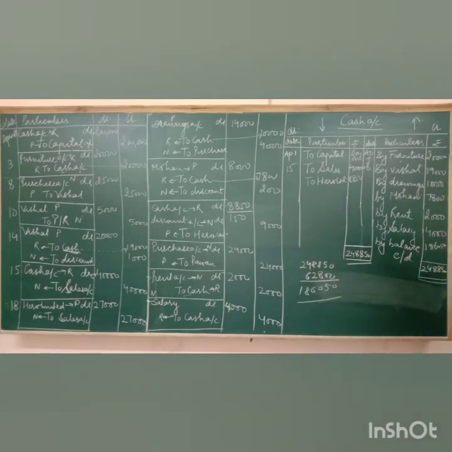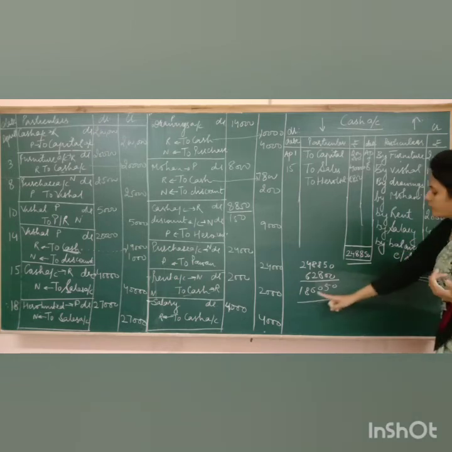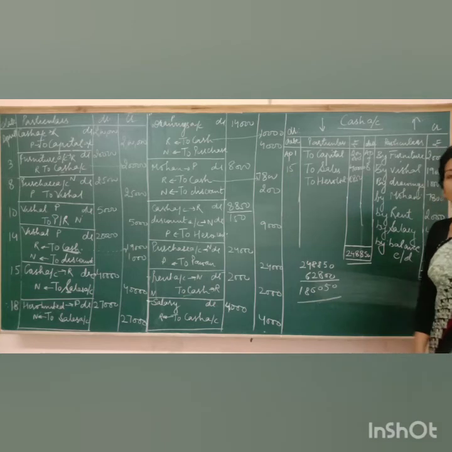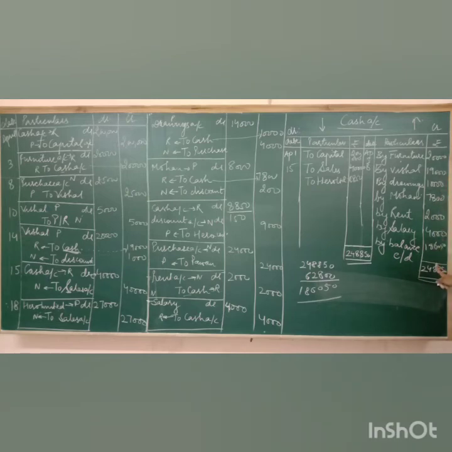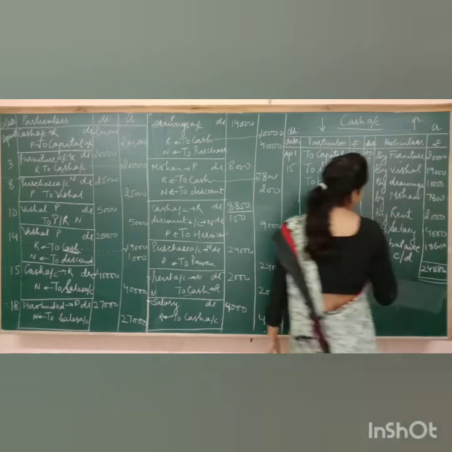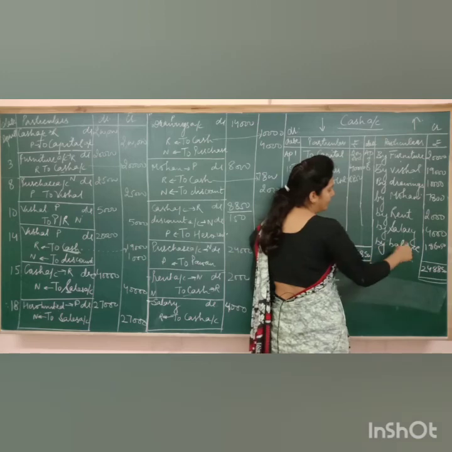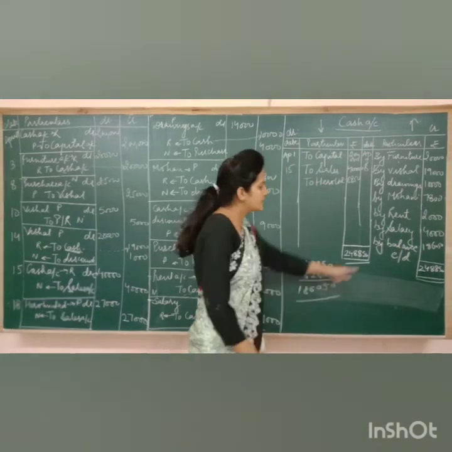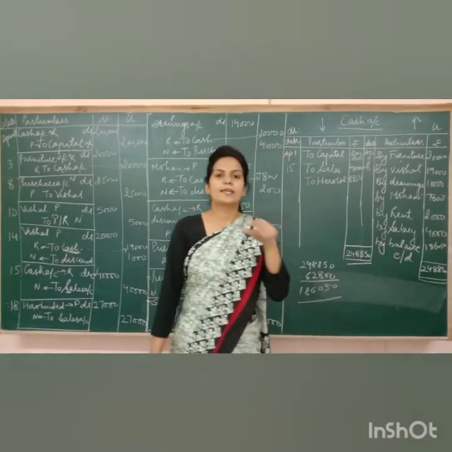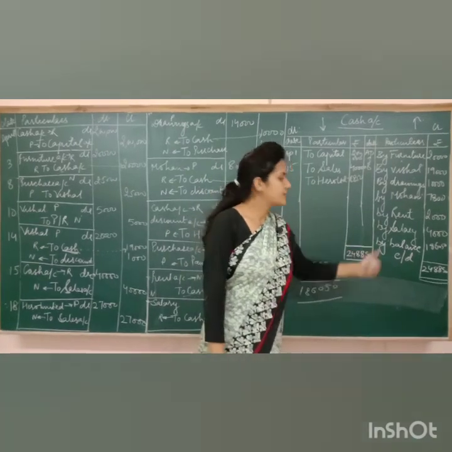So it made me very clear that debit side is greater and credit side is smaller. So now I need to make debit side equal to credit side. दोनों को equal करना है. So there is a difference of rupees 1,86,050 between both the sides. So what I did, I wrote 186,050 on the credit side. I'll start with the word by, then write by balance carried down. C/D stands for carried down. Now both the sides are equal.